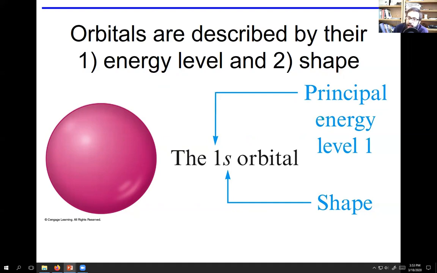But anyway, s orbitals are like spheres. So this letter tells you something about the shape. And the number, the 1, tells you something about the energy. So this tells you that the principal quantum number is 1. It's at energy level 1, okay? It's quantized, so you're not gonna have 1.5. You're either gonna have 1, 2, 3, etc.